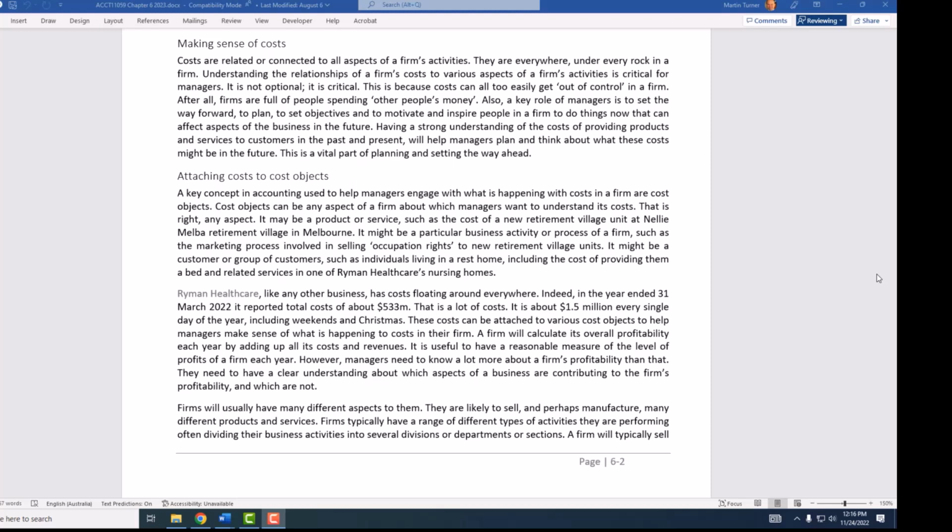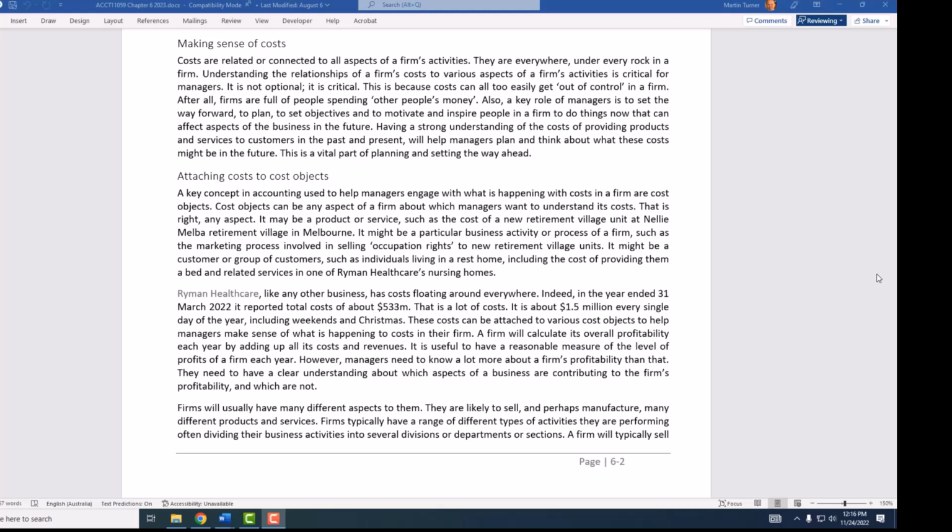Ryman Healthcare, like any other business, has costs floating around everywhere. Indeed, in the year ended 31 March 2022, it reported total costs of about $533 million. That is a lot of costs. It is about $1.5 million every single day of the year, including weekends and Christmas. These costs can be attached to various cost objects to help managers make sense of what is happening to costs in their firm.